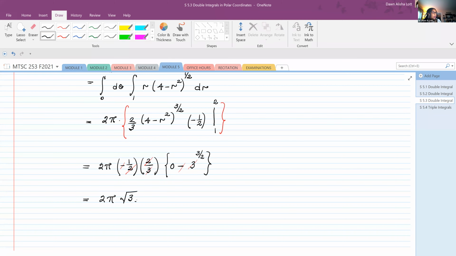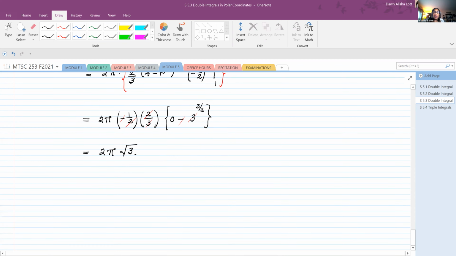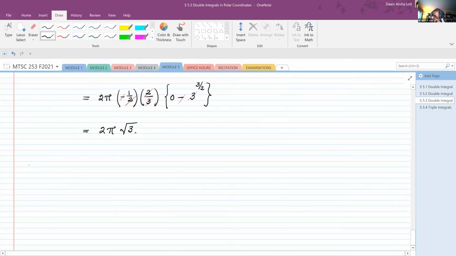So notice all of those regions that we did were simple in terms of R. No, in terms of theta. So all of the above problems were simple.